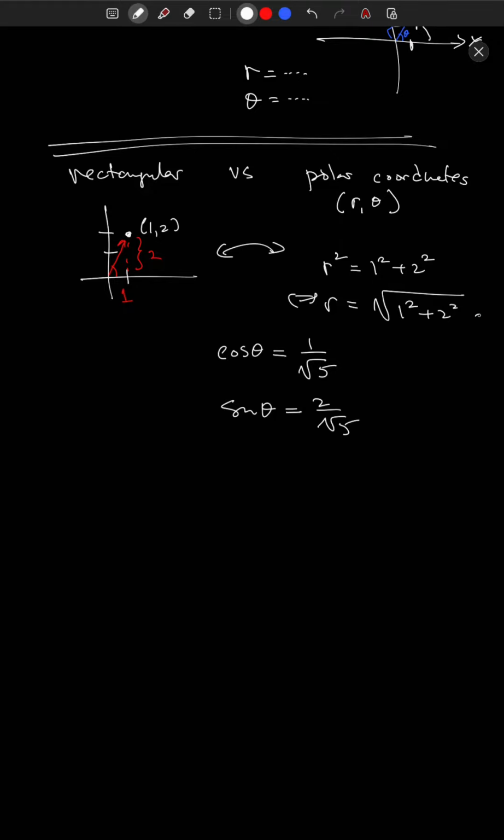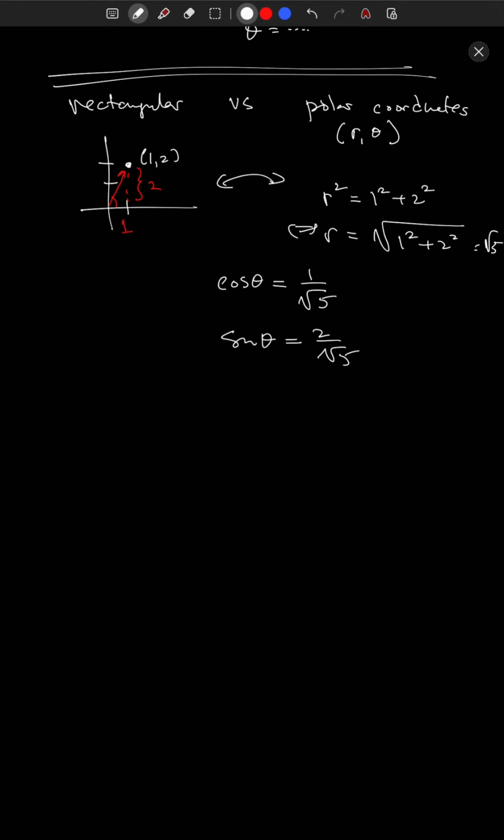Using these two together allows me to solve for theta. We need to look at both because if you only look at one of them, for example just cosine theta equals 1 over square root 5, there are two possibilities for theta between 0 and 2 pi. You need the second one to identify exactly which of those two possibilities is the one we actually want.